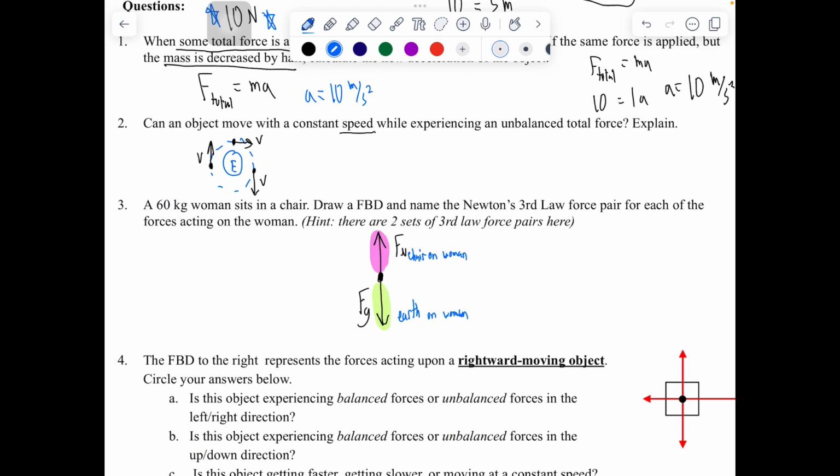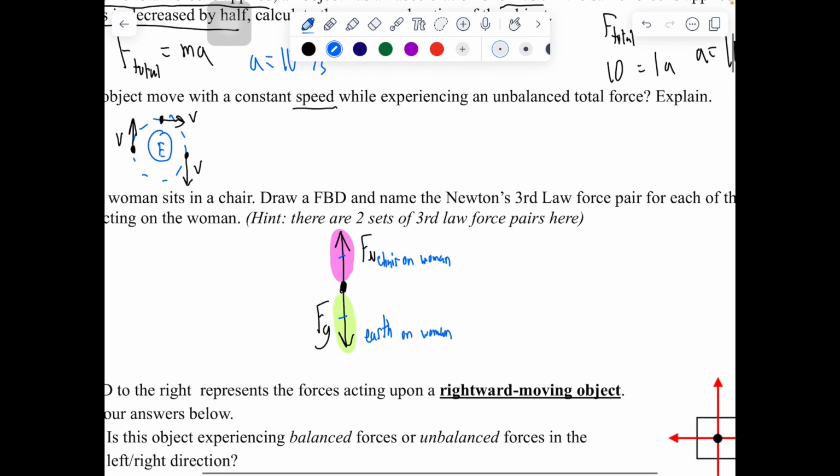Let's even go ahead and add in these forces. They're equal and opposite. They're not a third law pair, though. The pair would be the normal force of the woman pushing on the chair. This would be downward.